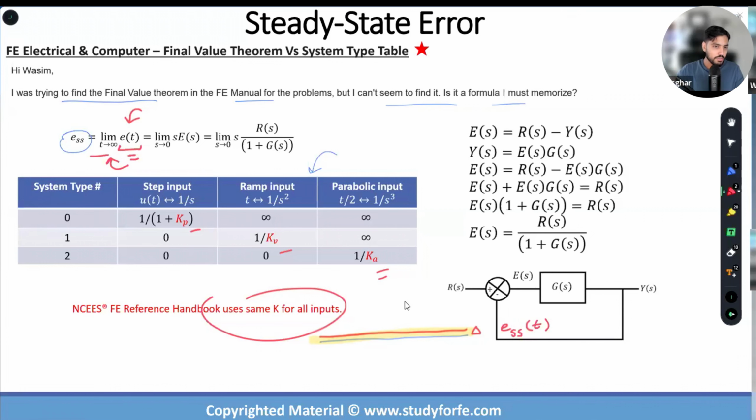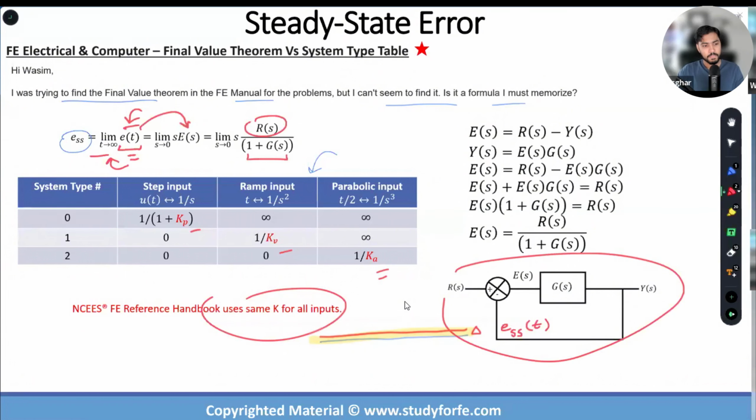So for this e of t, if I can find its Laplace transform, which is E of s, and E of s for this type of a control system is simply R of s, which is the input, divided by 1 plus G of s. And if you have gone through the derivation of the classical negative feedback control system, which I have recommended several times in the course, it is super easy to go from this block diagram to this.